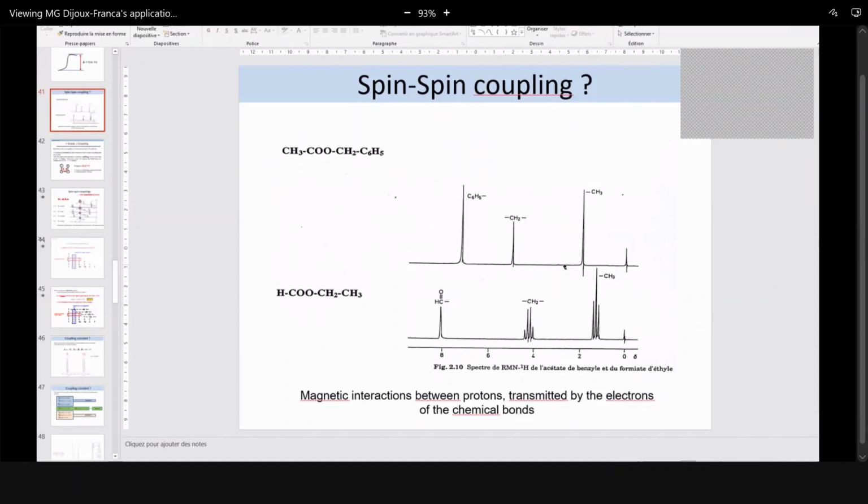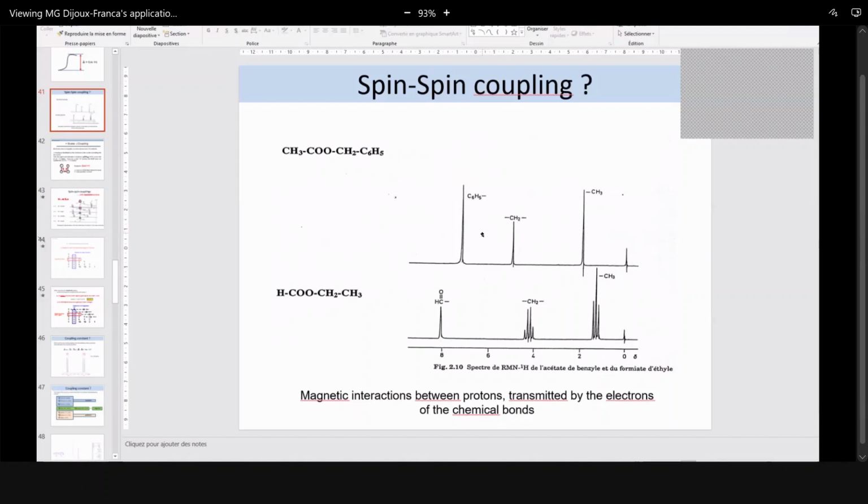We saw that on this molecule. The bigger the signal is, the bigger the number of protons under the peak, and so we have information about whether it is a methyl group, a CH2 or whatever.